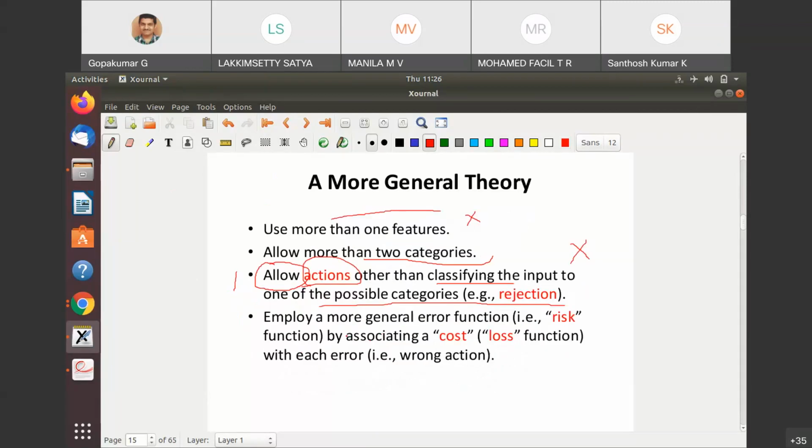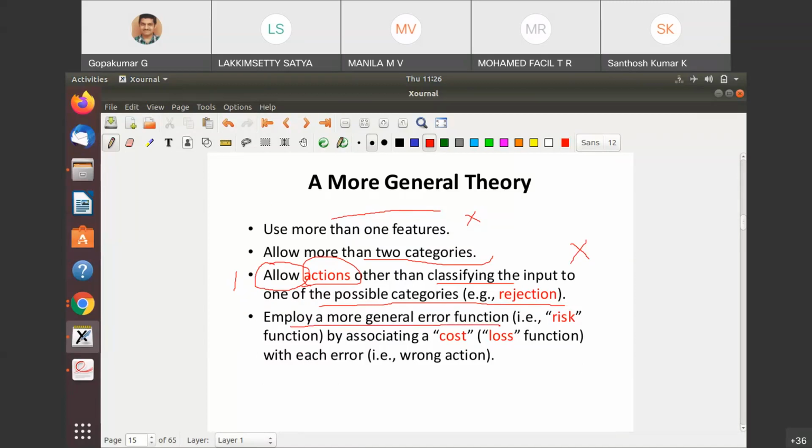Then we can employ a more general error function. In the previous discussion, our goal was to minimize the error, so the probability of error is minimized based on the decision that we have taken.